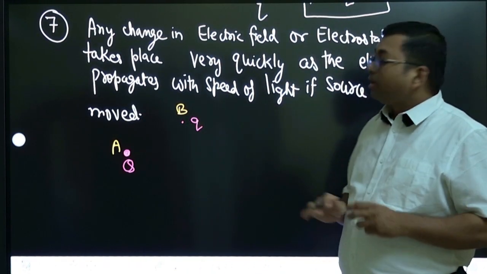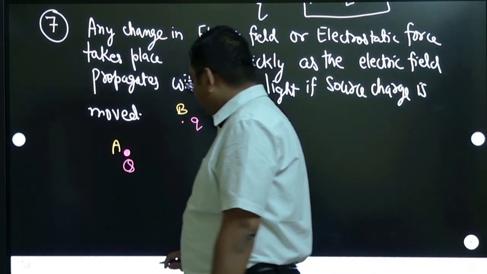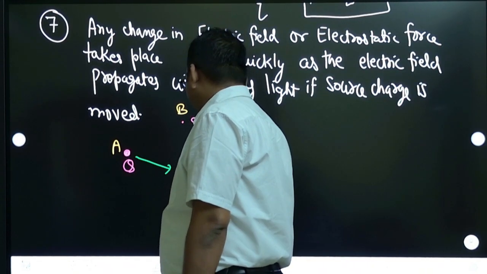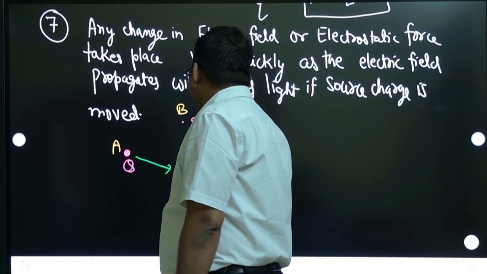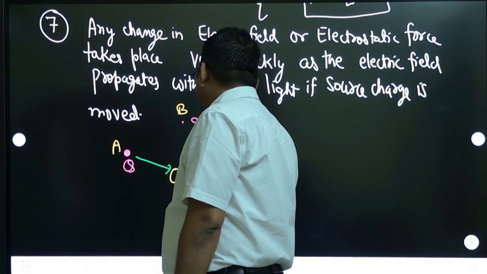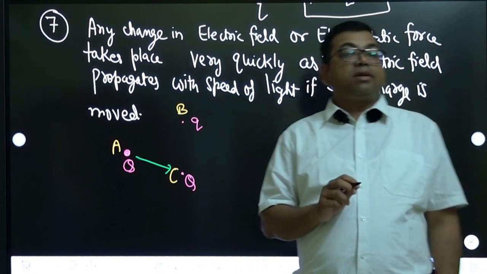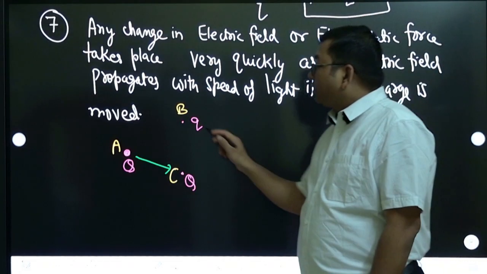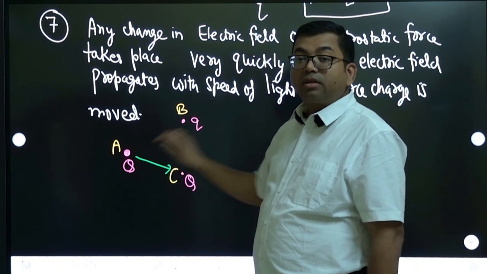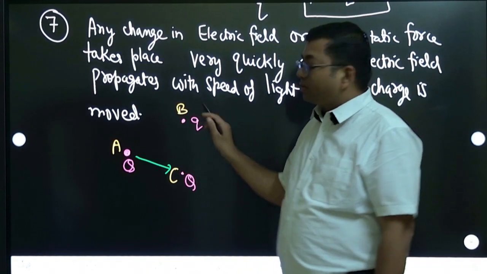Now suppose you move the source charge from this point to this point, let us say you are moving it, so you have brought this source charge to point C. So you have moved the source charge. It will definitely take some time for the source charge to move. But here the force which was acting due to the field when the charge was here, and now when the charge is here, this force is acting.